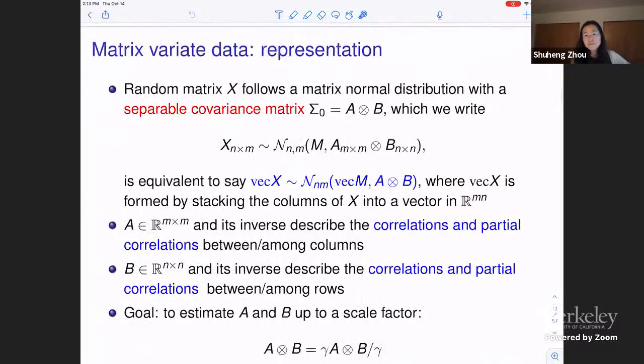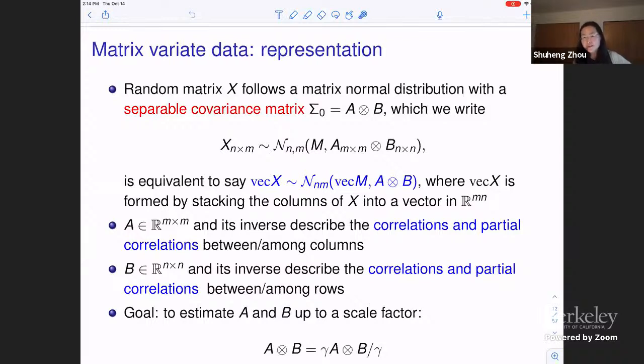So for estimating B jointly with A, this comes to the tensor graphical model part of the title. The tensor graphical model means typically when we do graphical model estimation, we assume we are given either independent rows or independent columns. But for complex data, oftentimes you have dependency among both rows and columns.